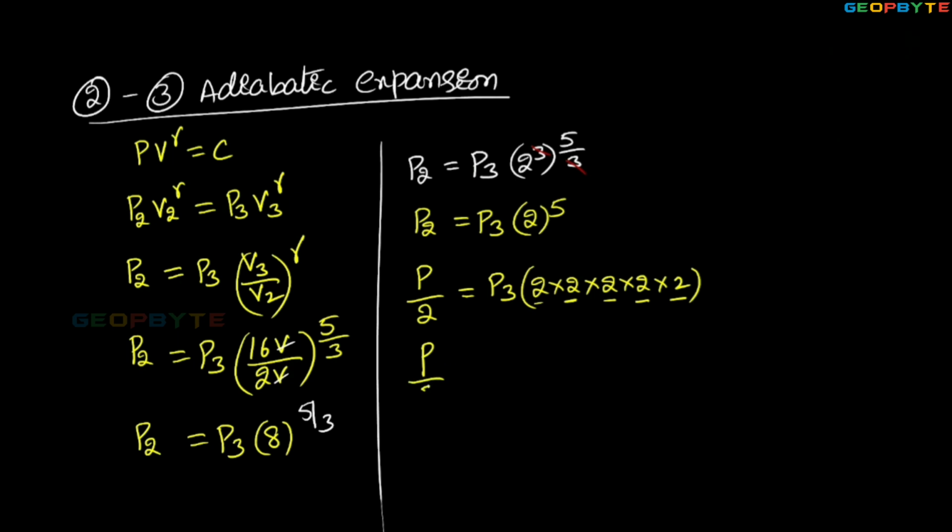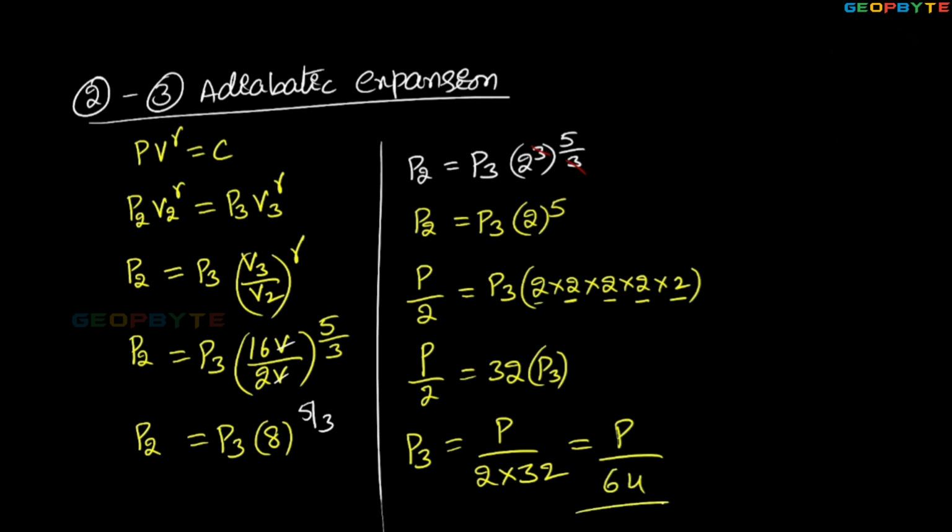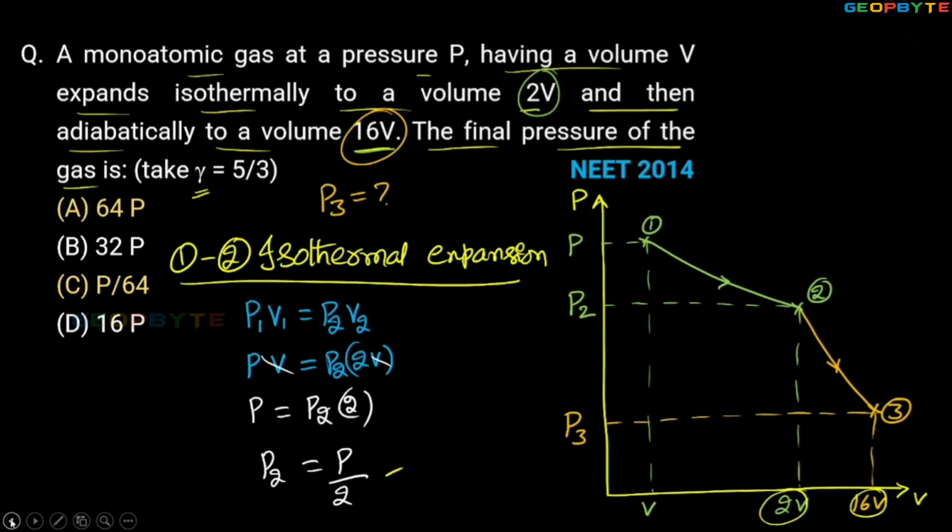So P by 2 equal to 32 into P3. From this, P3 equal to P by (2 into 32) equal to P by 64. That is the pressure of the gas after adiabatic expansion. Look at the options. P by 64. Option C is absolutely correct.